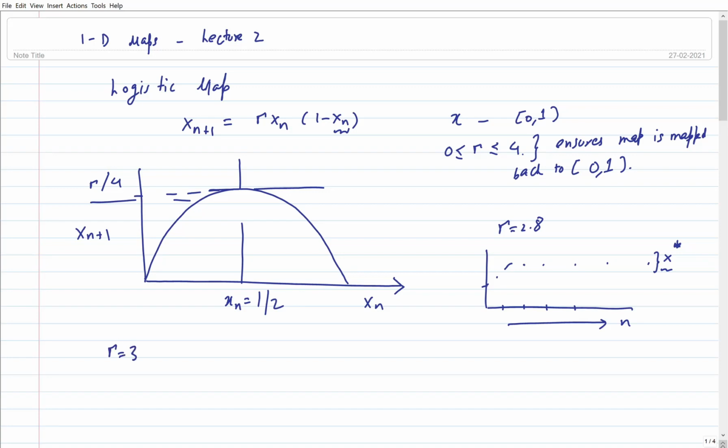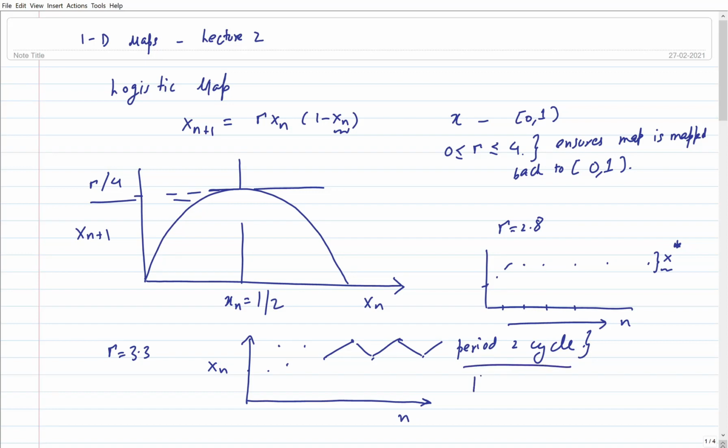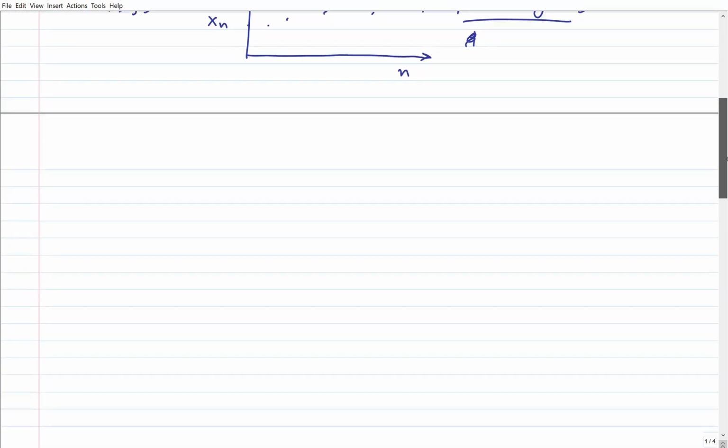Similarly, for r equals 3.3, the bottom line is that it reached a period 2 cycle, and this is much like the limit cycle we discussed for continuous time dynamical systems. Subsequently we had a period 4 cycle, so on and so forth.